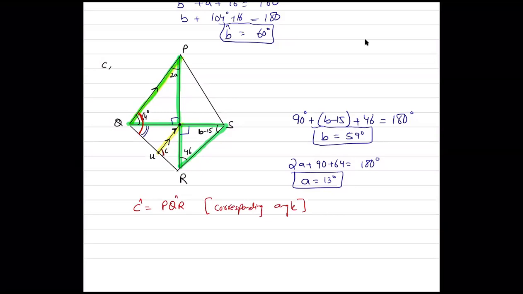Now please remember this is a kite, so in a kite I told you that these angles are equal. So if you know this angle, you will also know this other angle. So what is this angle equal to? This angle was given as B minus 15. So B comes out to be 59. So 59 minus 15 is 44. So this angle is also 44 degree. So the upper angle is 64, this angle is 44. So you add the two angles.